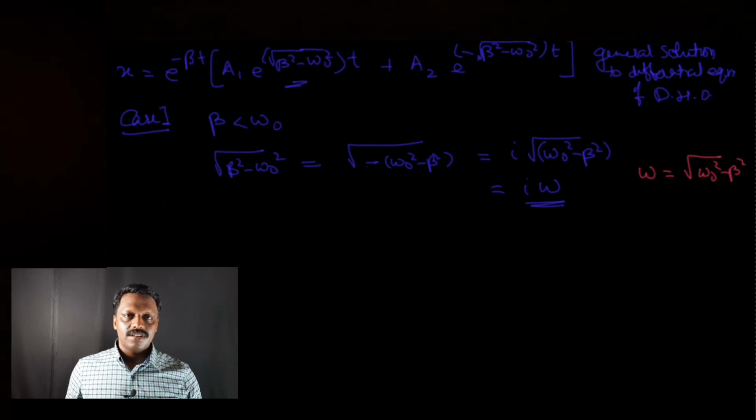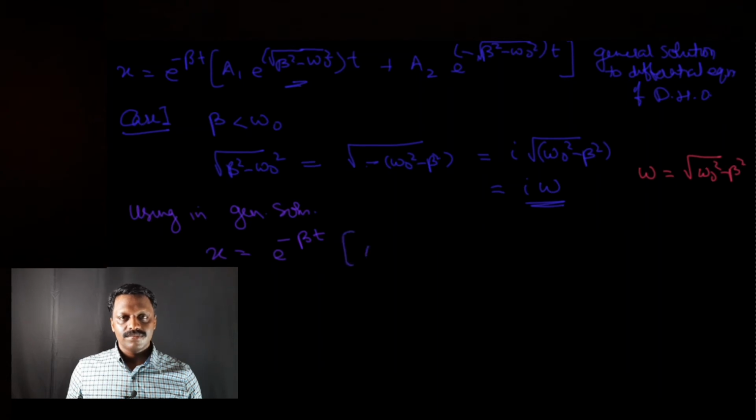Now let us use this term in our general solution. So x is equal to e raised to negative beta t, a1 e raised to i omega t plus a2 e raised to negative i omega t.